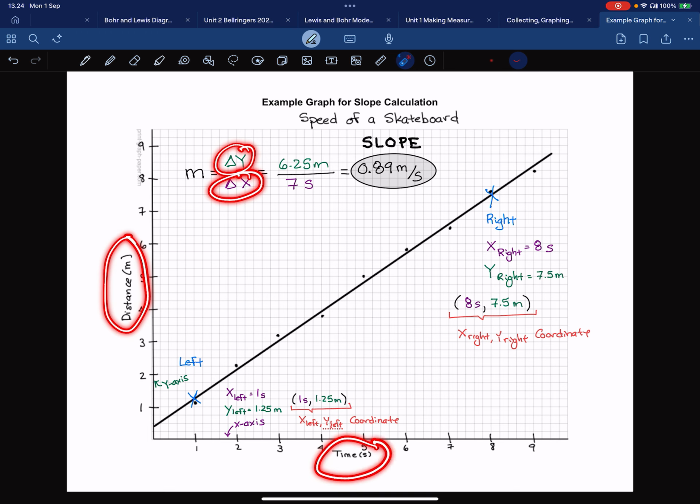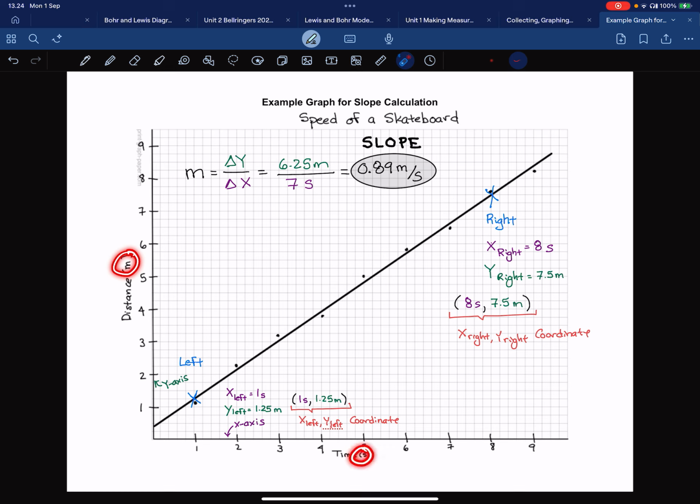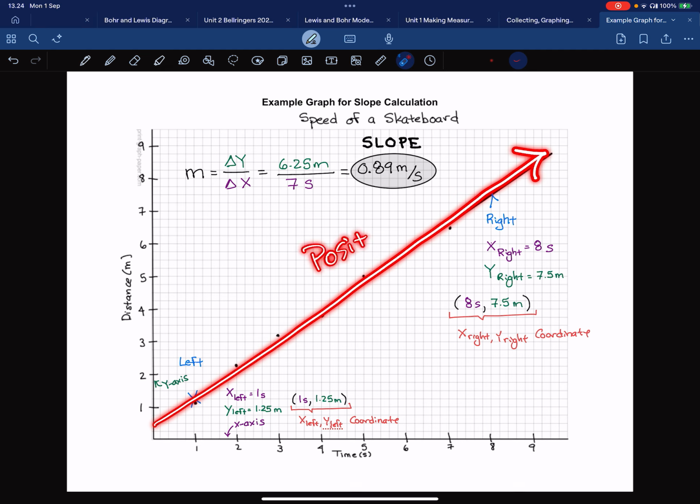So you not only have the number, which is 0.89, but you also have the units, which is meters per second. And so that is a speed. You also have the fact that the slope is going up, which we refer to as a positive slope. Okay, a few examples, and then we will move on to the quiz.